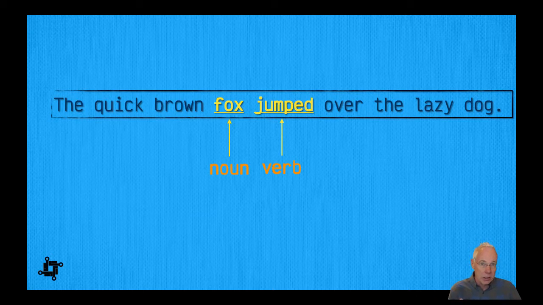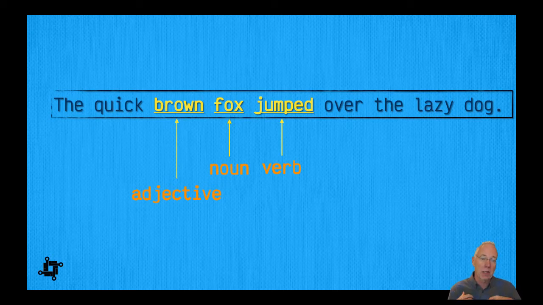That's the action that's taking place. And by the way, it's a brown fox, and so that's an adjective. That's something that's modifying the noun in some form or fashion. So the quick brown fox jumped over the lazy dog is the sentence we're considering, and our grammar already dictates that there's an adjective, a noun, and a verb, and we can pick that out in the sentence.